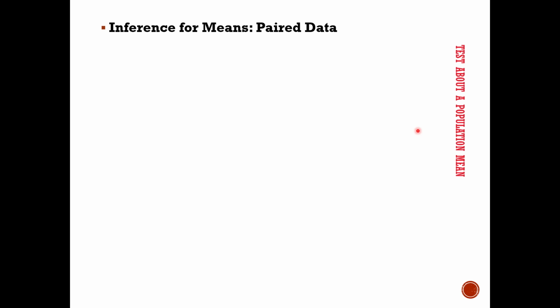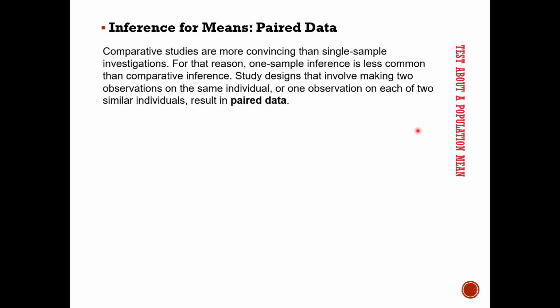Okay. Last thing we're going to talk about for the day is paired data. So most of the time when you're doing a good study, you want to have some kind of comparison step.